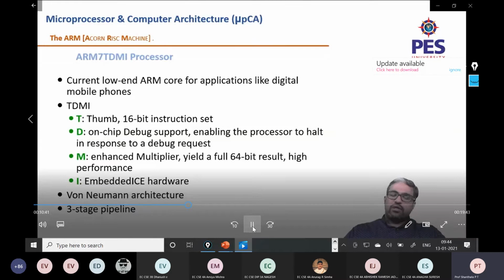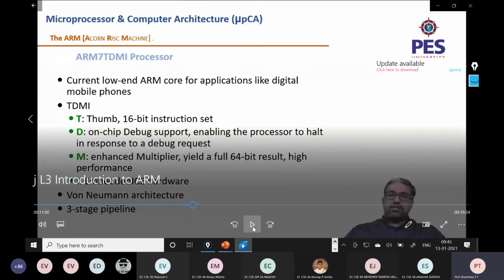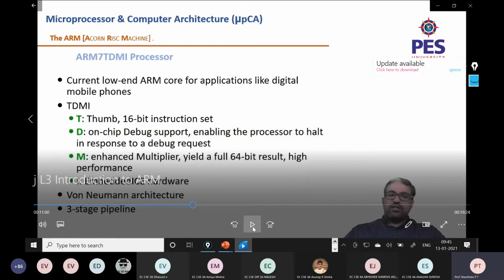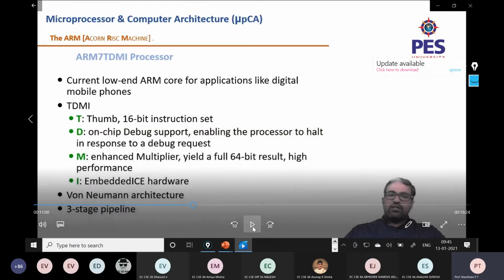Again, in general, it follows the von Neumann architecture, stored memory architecture, where we use load and store operations for memory reference, and it's a three-stage pipeline processor. Also, ARM is a load store architecture.